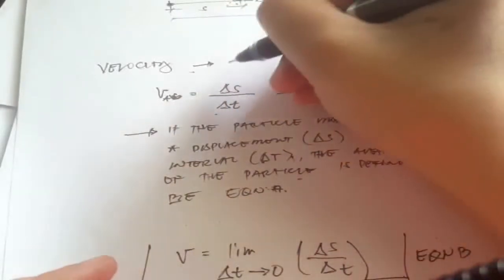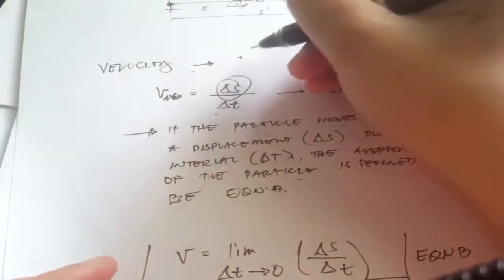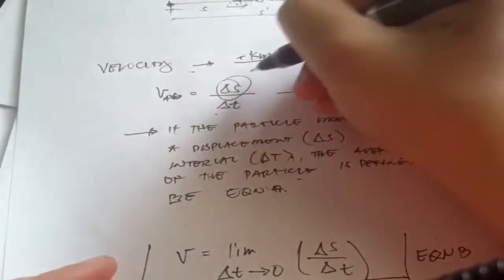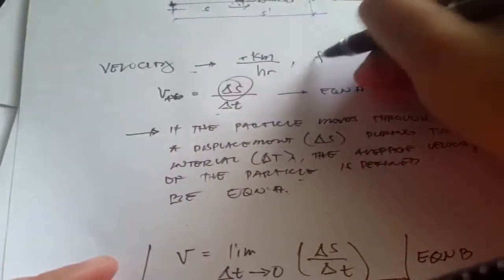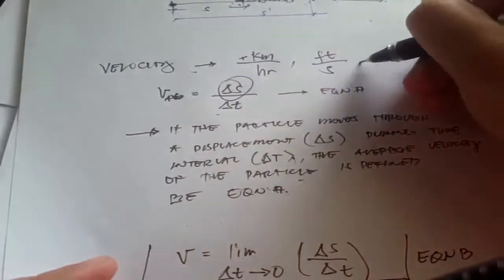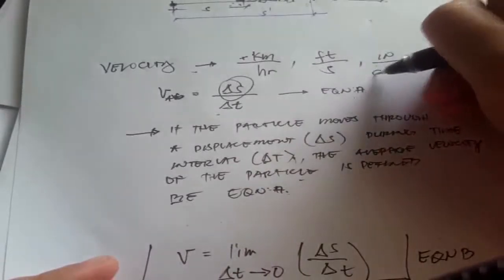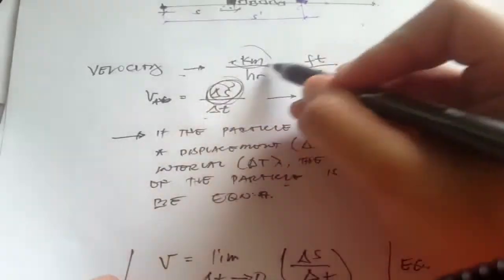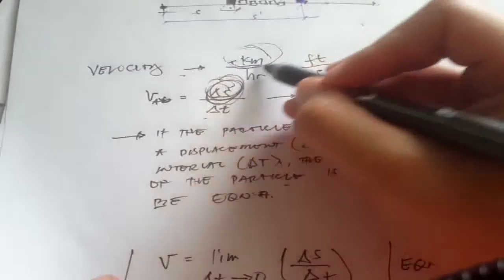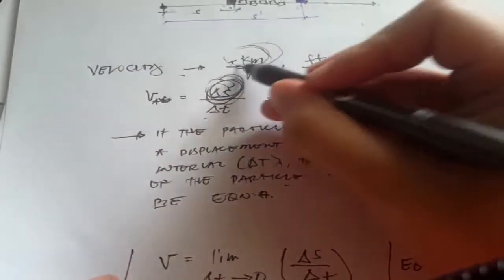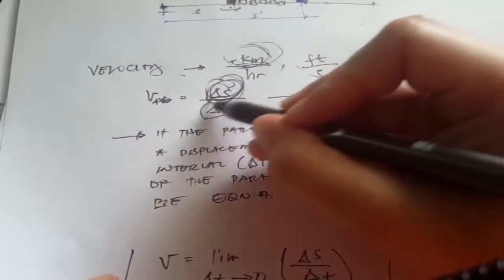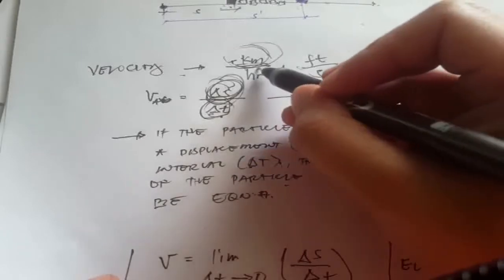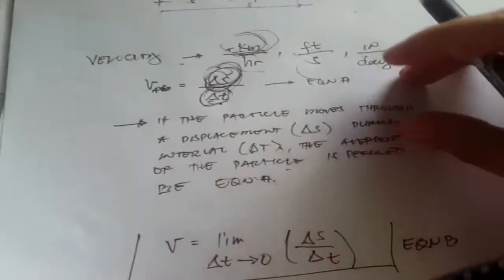Maybe it is in terms of, let's say, positive 10 kilometer per hour or feet per second. What else? Inch per day, and many others. So once again, delta s is in terms of length or in your position, which is the usual unit in terms of length: kilometer, feet, inches, etc. Delta t is your time, change in time value. So the unit is usually expressed as hours, seconds, minutes, days, and others.